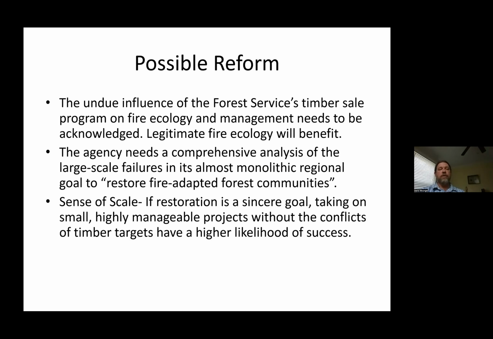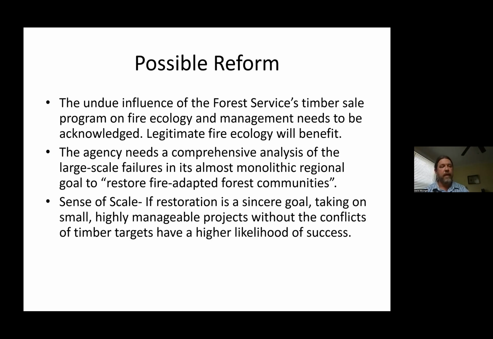The agency also needs to undertake a comprehensive analysis of its large-scale failures. These examples have accumulated to the point where we could call them systemic. The sample size has reached a significant point where, as part of its monitoring and research mission, the agency really needs to look into this. And quite frankly, Congress needs to budget the agency better for monitoring, evaluation, and research.